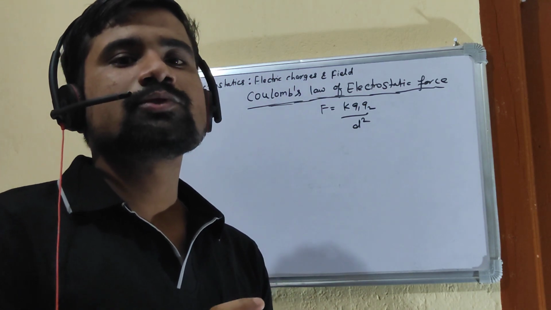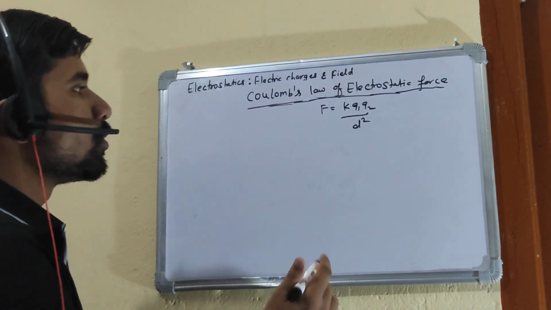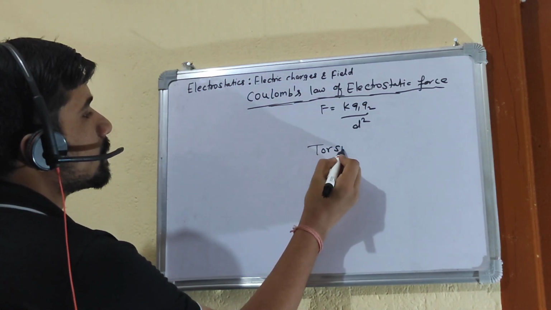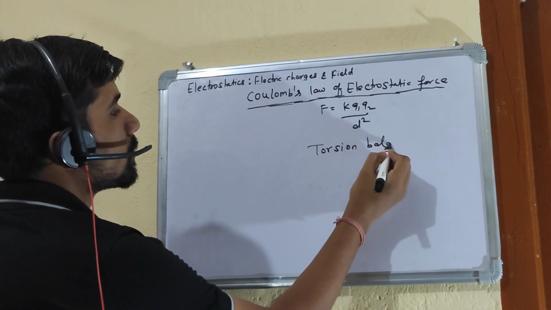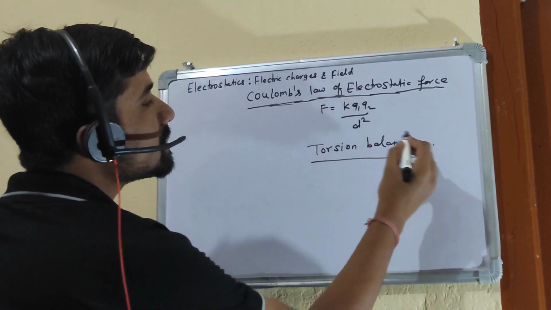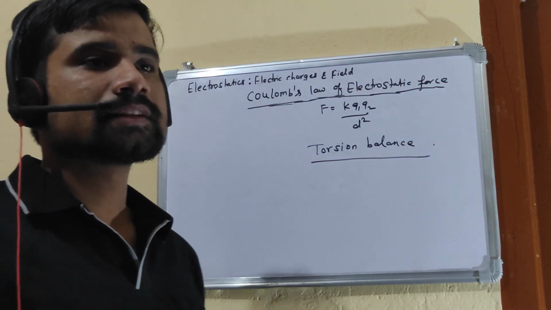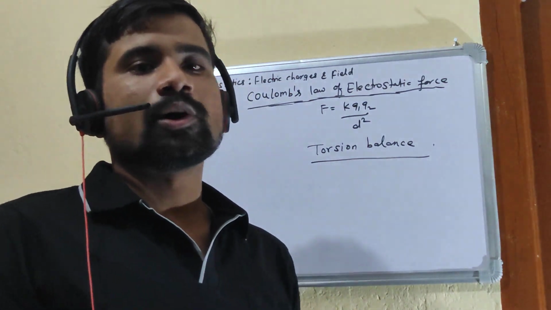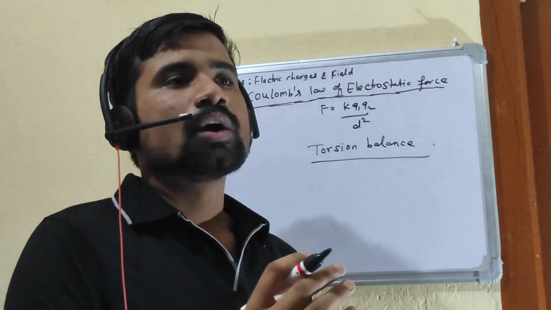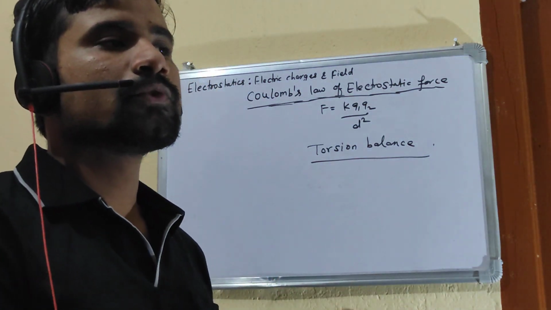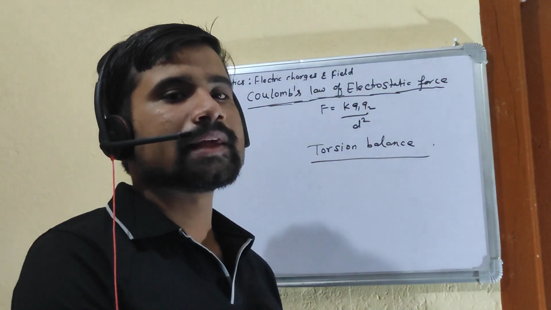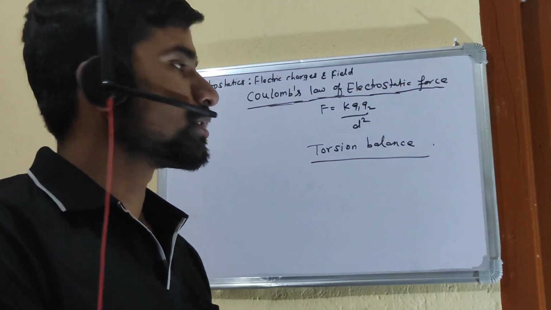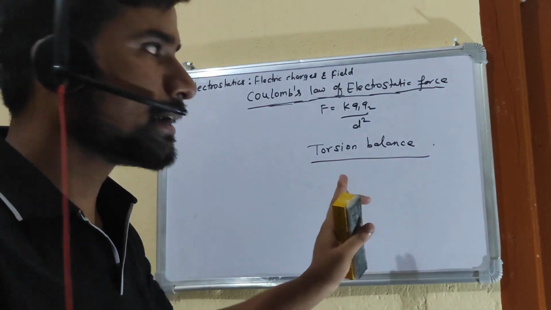The magnitude of charge was unknown to him. What he had was a torsion balance, right? A torsion balance is a meter which indicates the force between two bodies. It would tell me the amount of force by which a body is attracting or repelling. So it would tell me the force magnitude. This is the instrument which he had.